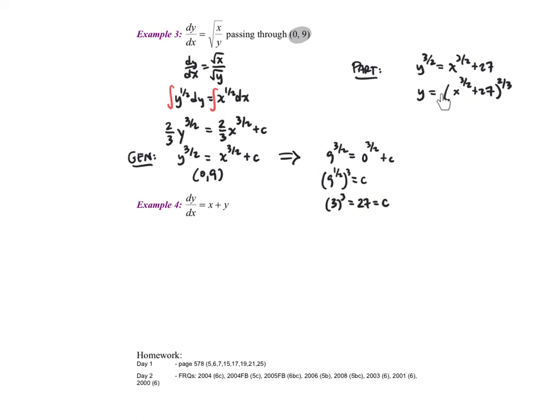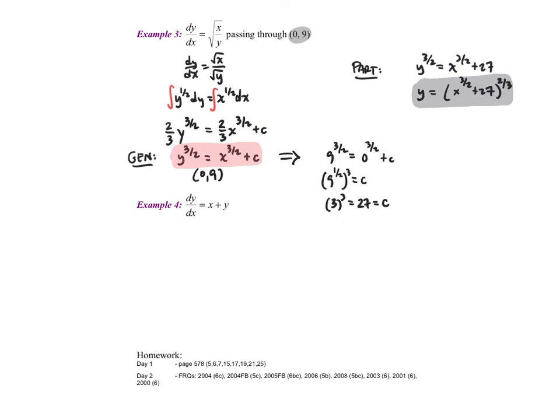So I don't have to worry about the duplicated outputs that would happen there. Okay, so there you have it. There's our particular solution to example 3. And our general solution, which could be written in multiple forms. I left it in this form right here.